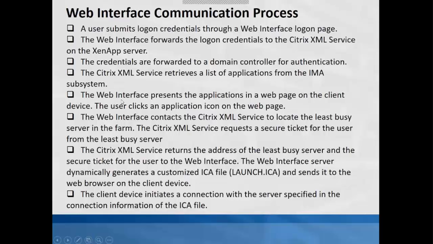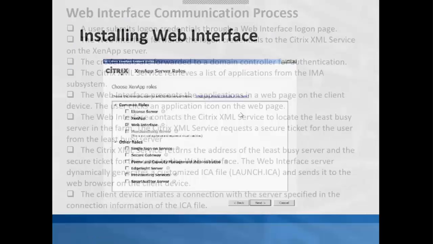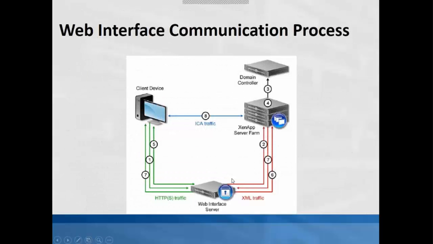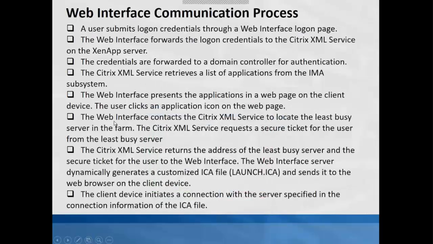The web interface presents the applications in a web page on the client device. Okay. The user clicks an application icon on the web page. So the web interface grabs the applications from here and then presents those applications on the user's browser, right? So the web interface contacts the Citrix XML service to locate the least busy server in the farm.